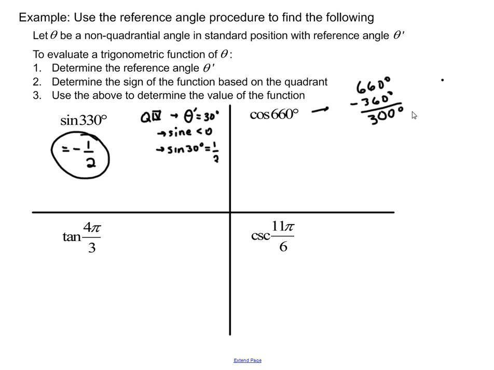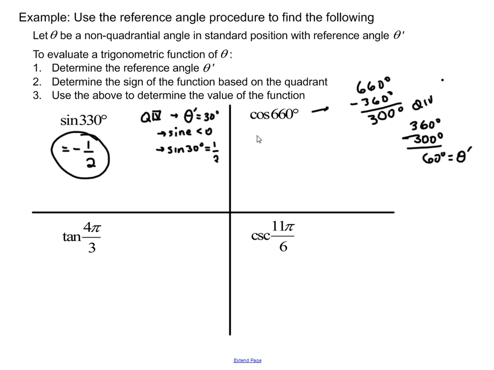We've got a 300-degree angle, right? So that's between 0 and 360. And by the way, I happen to know that's in quadrant 4. So I'm going to take 360 degrees minus 300 to get my reference angle. That's 60 degrees. So this is my reference angle.